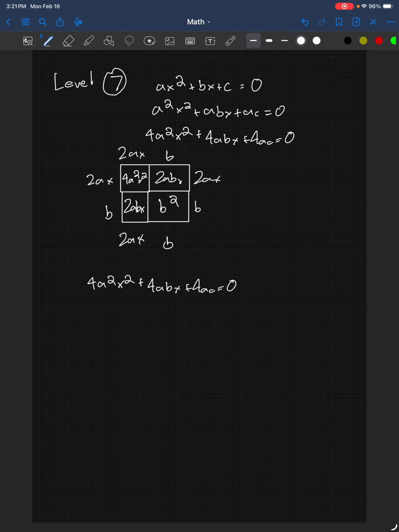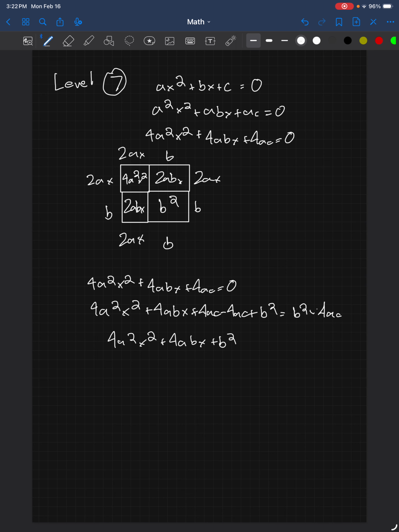So that's what this is going to look like. 4a squared x squared plus 4abx plus 4ac minus 4ac plus b squared equals b squared minus 4ac. So that means 4a squared x squared plus 4abx plus b squared equals b squared minus 4ac.